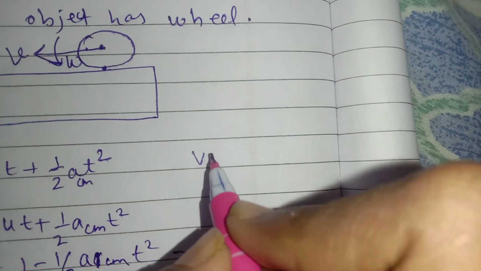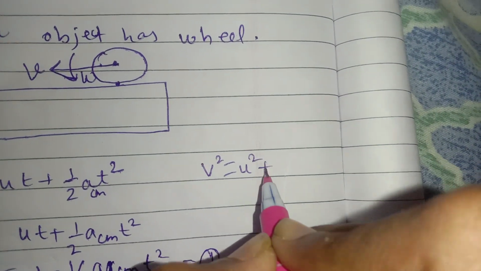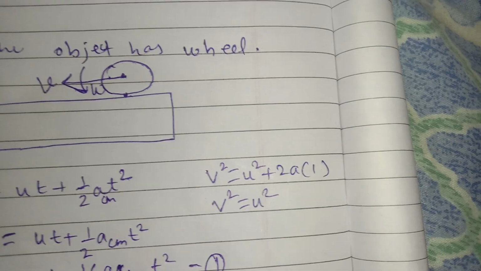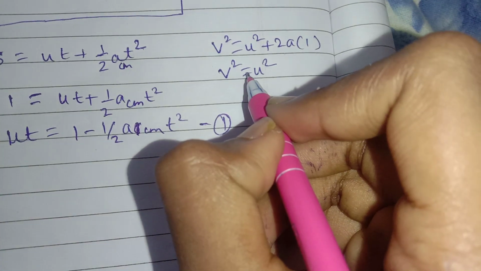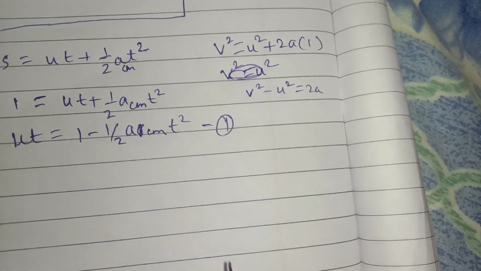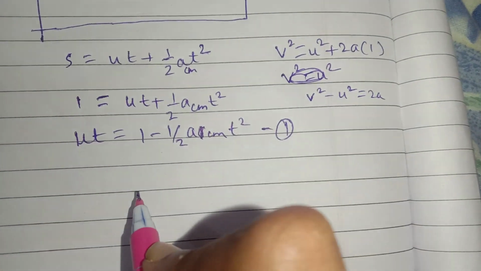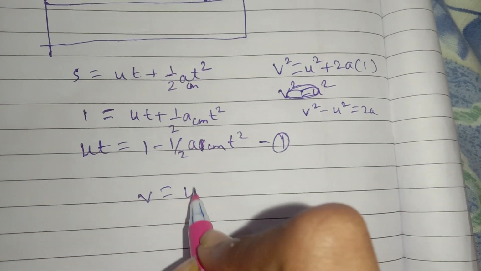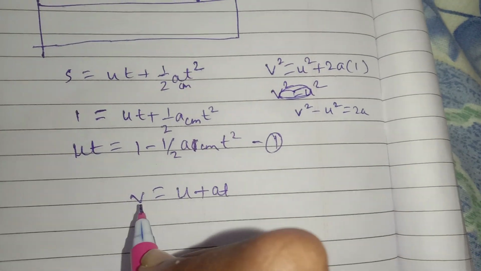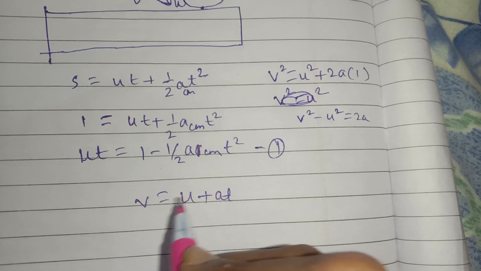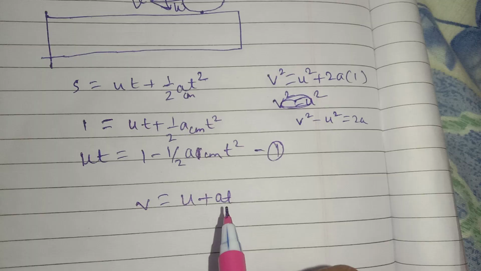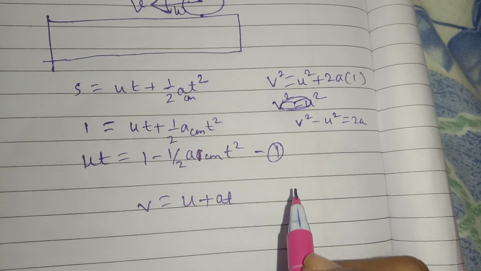Secondly, we have v square equals u square plus 2as, so v square minus u square equals 2a. We will use the equation v equals u plus at, and if we square both sides, we get v square equals u square plus a square t square plus 2uat.